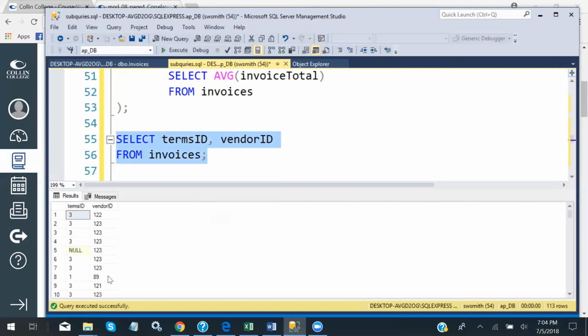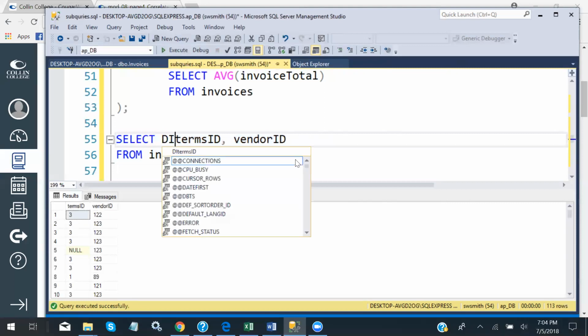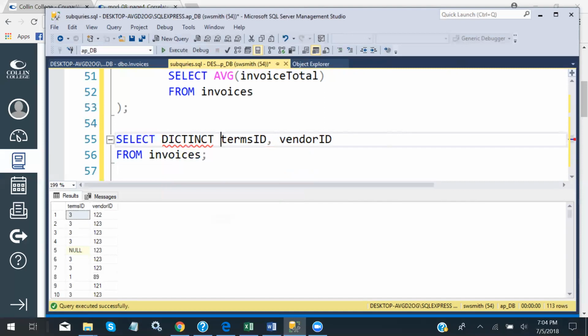If I put the distinct in there, the distinct applies to the entire row.